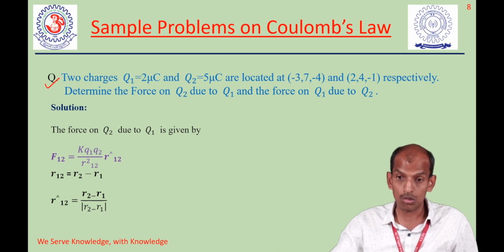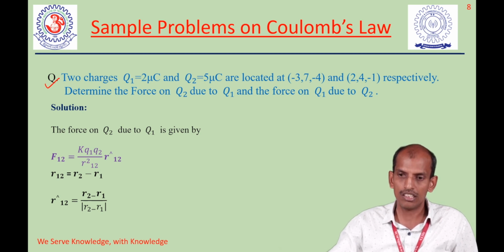What I mean by -3, 7 and -4 is that the distance from the origin along the x-axis is -3, along the y-axis is 7, and along the z-axis is -4 for the charge Q1.